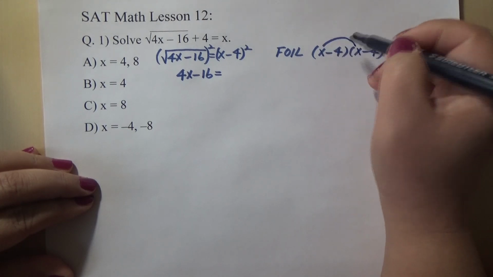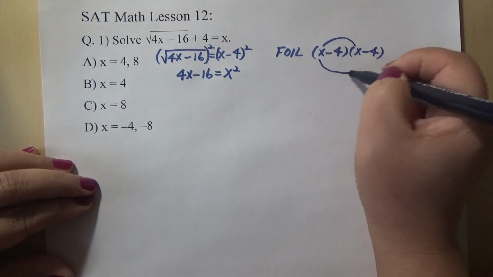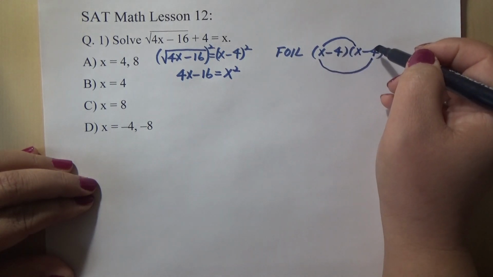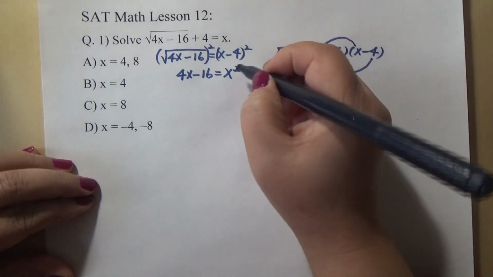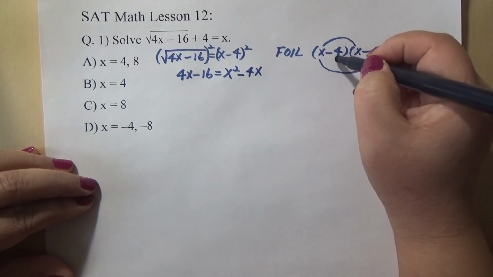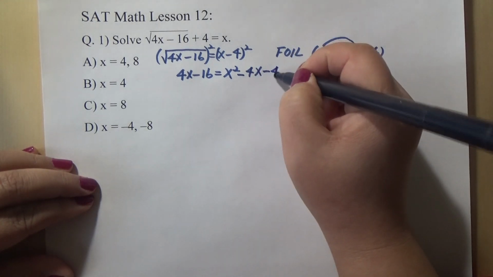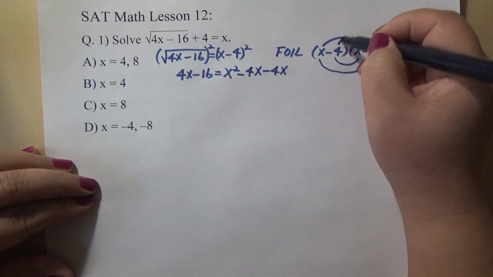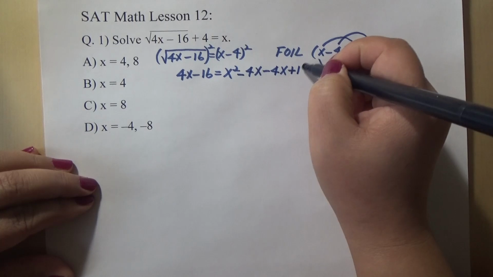And first is x times x, which is x squared. And the outside, x times minus 4, negative 4x. And then inside, negative 4 times x, negative 4x. And the last, negative 4 times negative 4, which is positive 16.